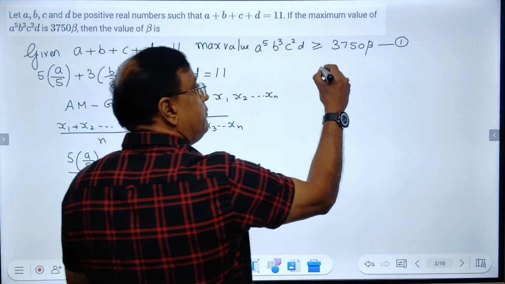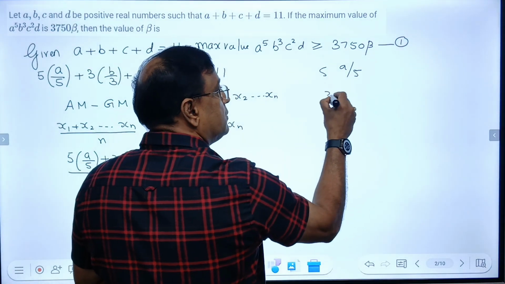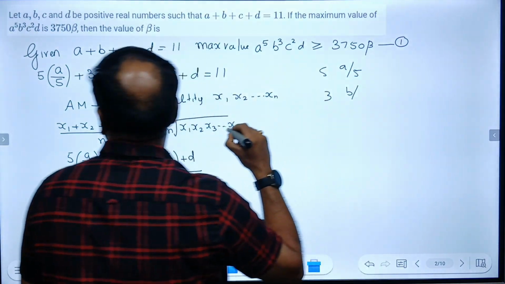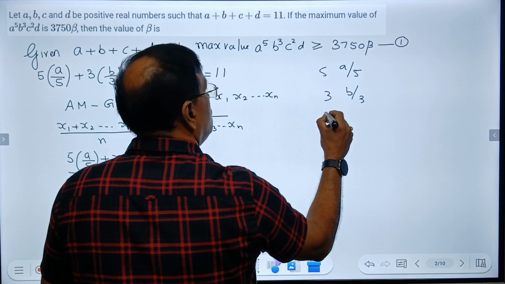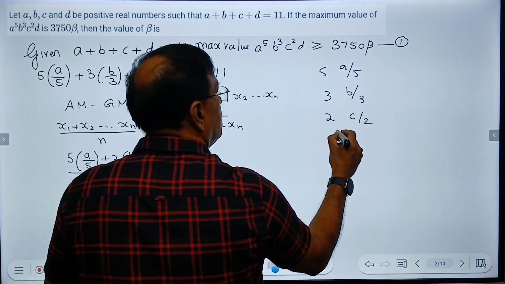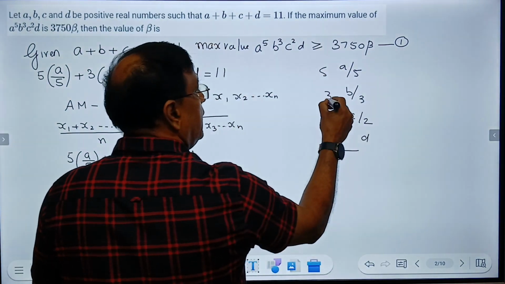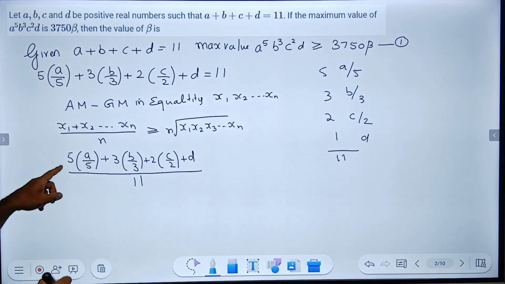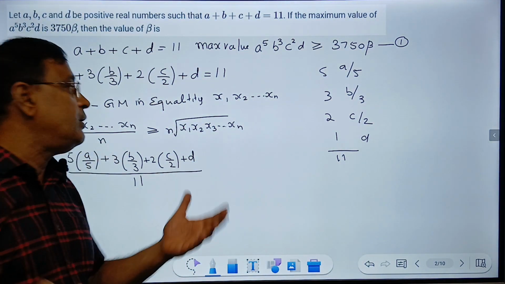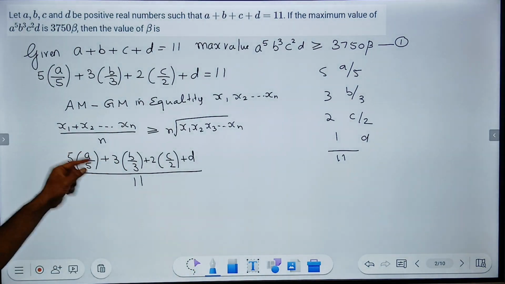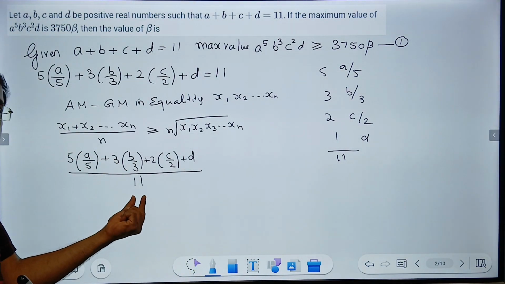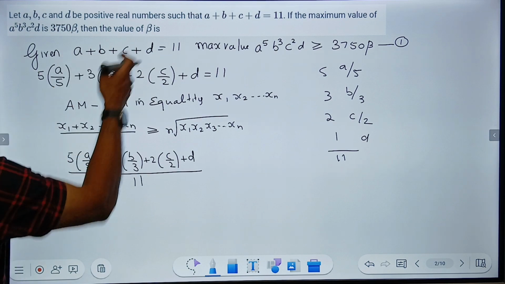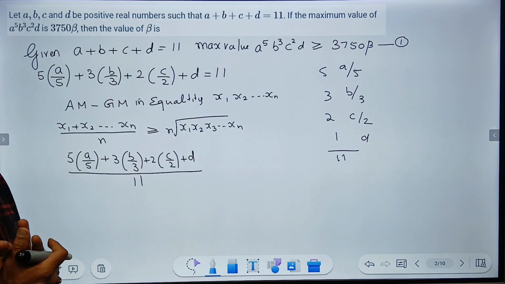There are 5 A by 5, 3 B by 3, 2 C by 2s, and 1 D. So total is 8, 9, 10, 11. So the total number of numbers is 11. That is why I am writing like this. You may be wondering, why should I write like this? To know that there are 11 terms, I am writing these 4 terms as 11 terms. As simple as that. That is the crux of this problem.